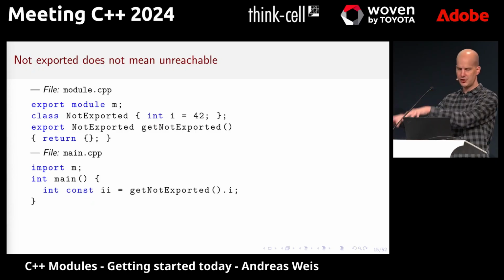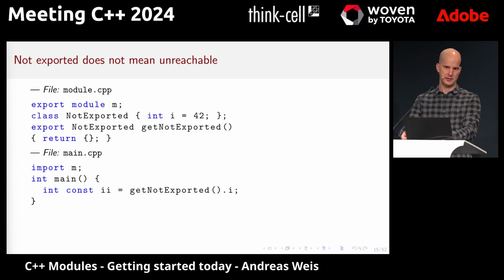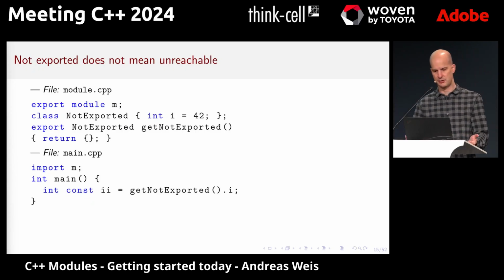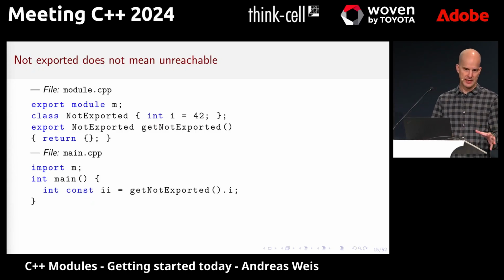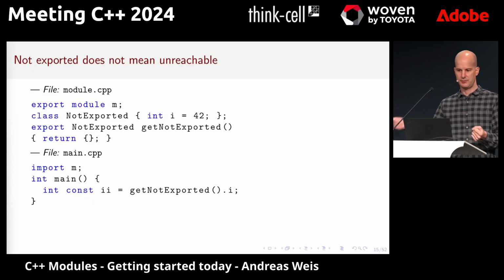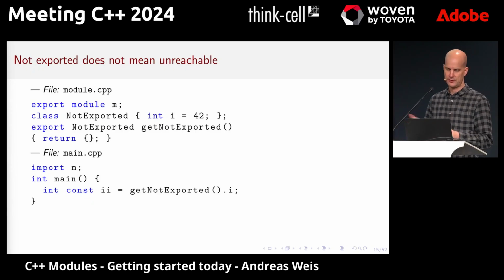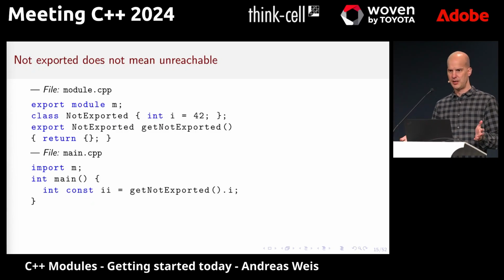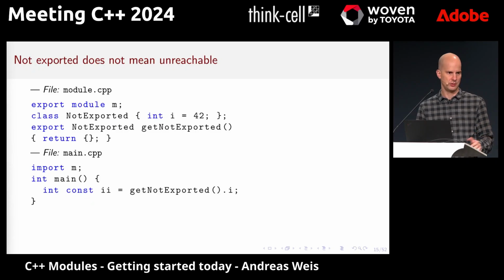They can even reach inside the struct and access the members and call member functions and all of that. The only thing that they cannot do is name it, right? So if I try to name the type not exported from main here, that will not work. But I can, for example, use auto to store the return value here.